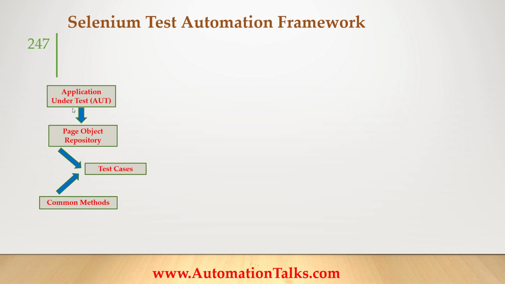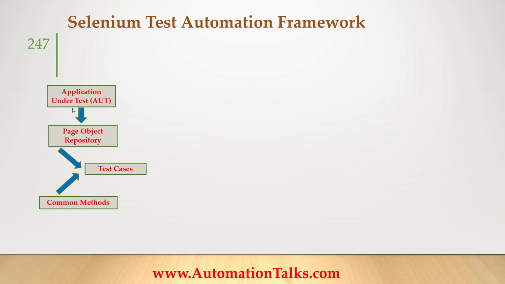So I cannot write every time Select os equals new Select and pass the web element. No, that's not feasible. So I will create one common method and call that. For selecting radio buttons, for connecting to the database, for capturing a screenshot, I need common methods, right? So we will be creating a lot of common methods and put them under a package called common methods.